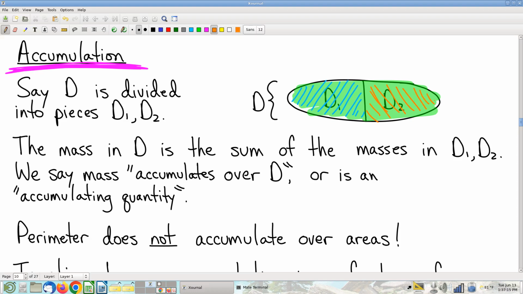So green is equal to blue plus orange, right? The whole is the sum of the parts. I kind of like the pithy appeal of chop it up, add it up. Right? Okay, so this is what we mean by an accumulating quantity.